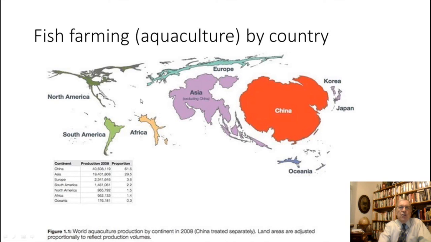Africa, all the other continents do some. North America, South America, Africa, Europe, but the big players in the fish farming business are really India and China and adjoining countries, which is good because they have the populations that need those fish that are farmed.